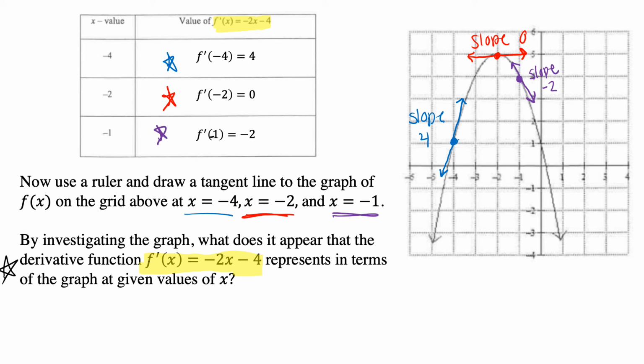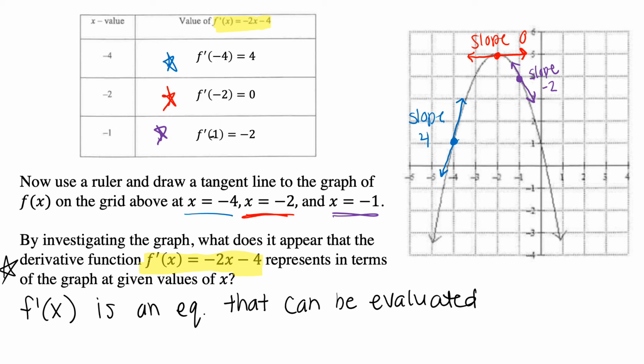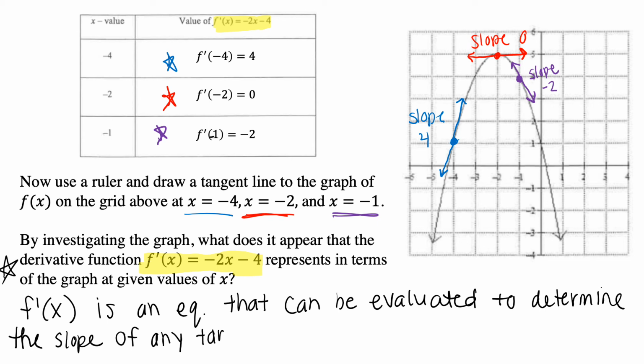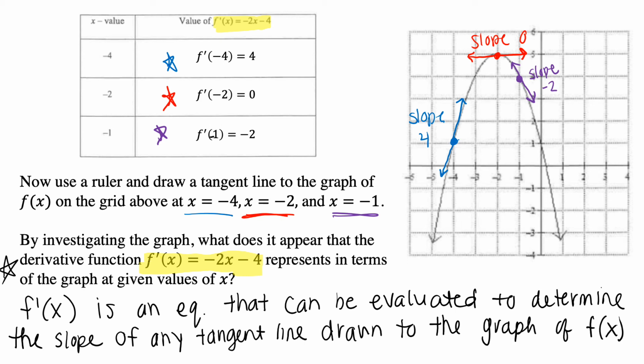So in summary, we can say that f prime of x is an equation that can be evaluated to determine the slope of any tangent line drawn to the graph of f of x at any value of x.